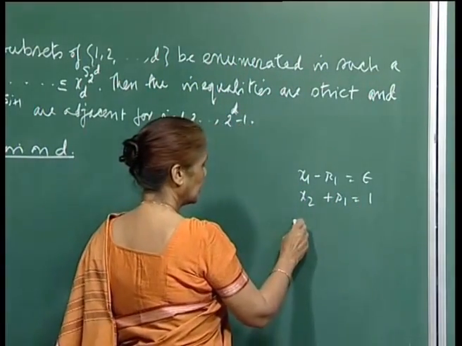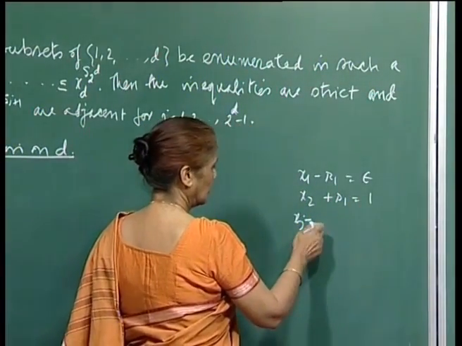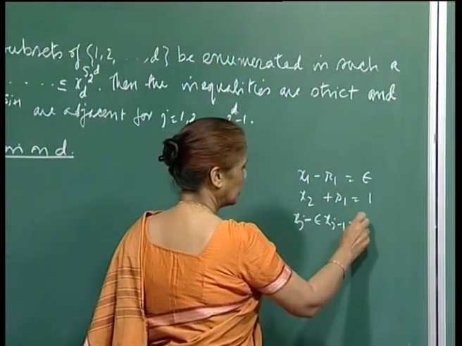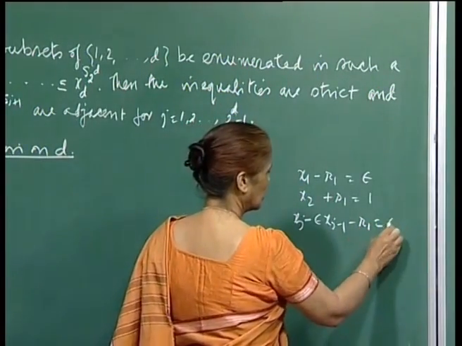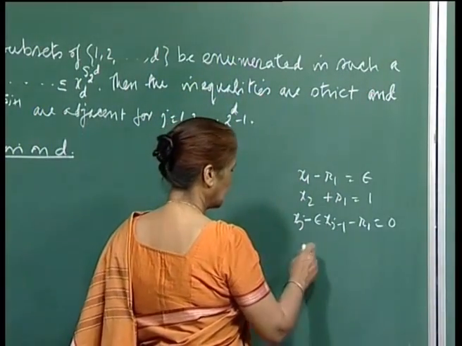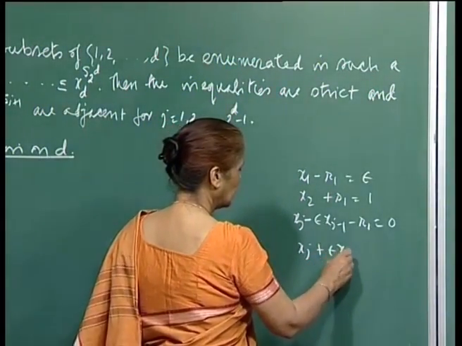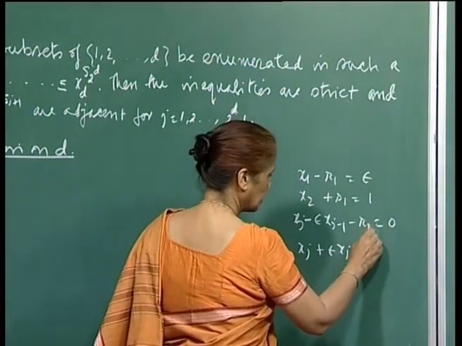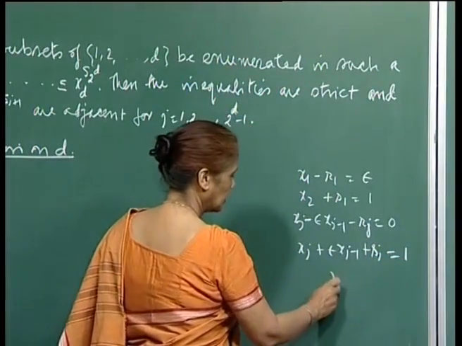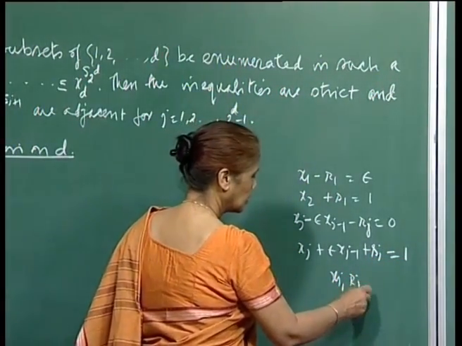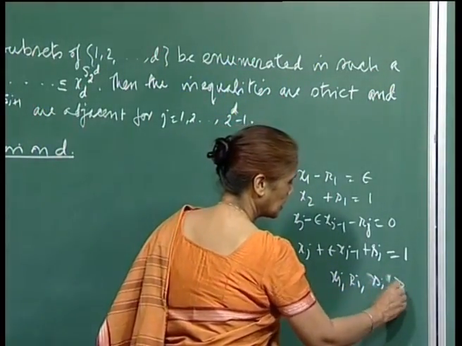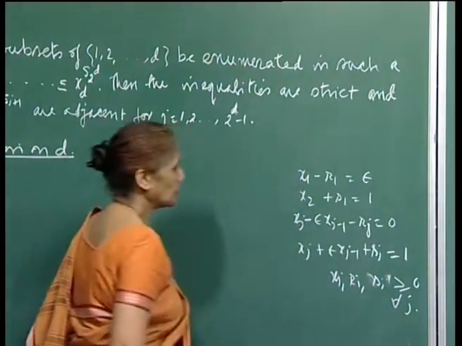Then we had x_j minus epsilon x_{j-1} minus r_j equal to 0, and x_j plus epsilon x_{j-1} plus s_j equal to 1, and all x_j, r_j and s_j greater than or equal to 0 for all j. These were your constraints.